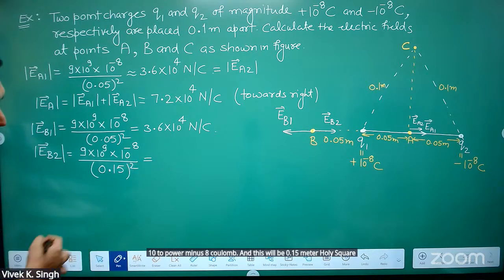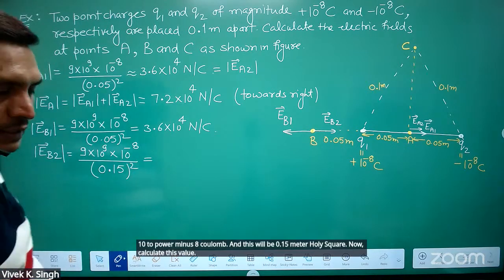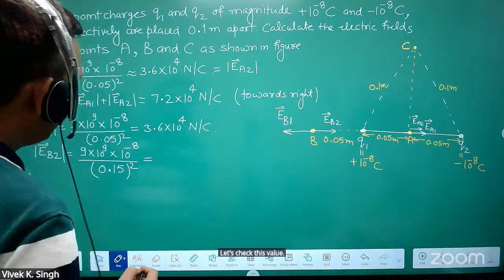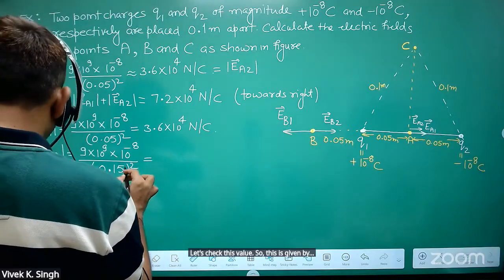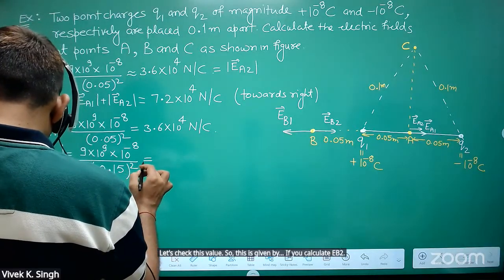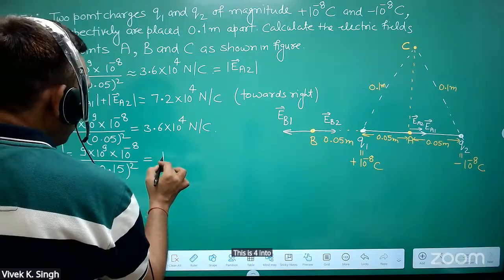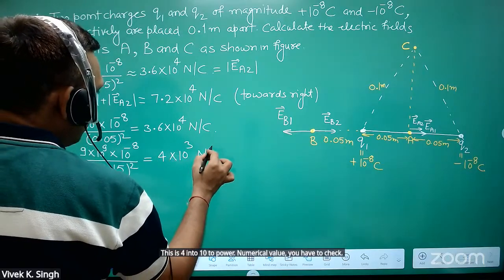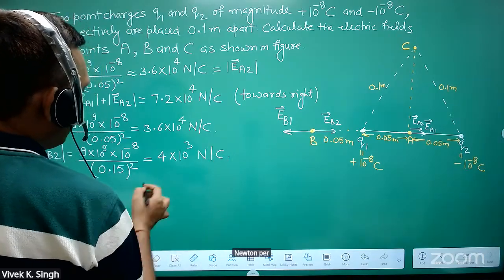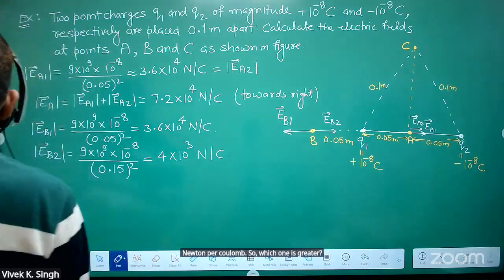Now calculate this value. If you calculate EB2, this is 4 into 10 to power, numerical value you have to check, Newton per coulomb. So which one is greater? EB2 is greater than EB1.